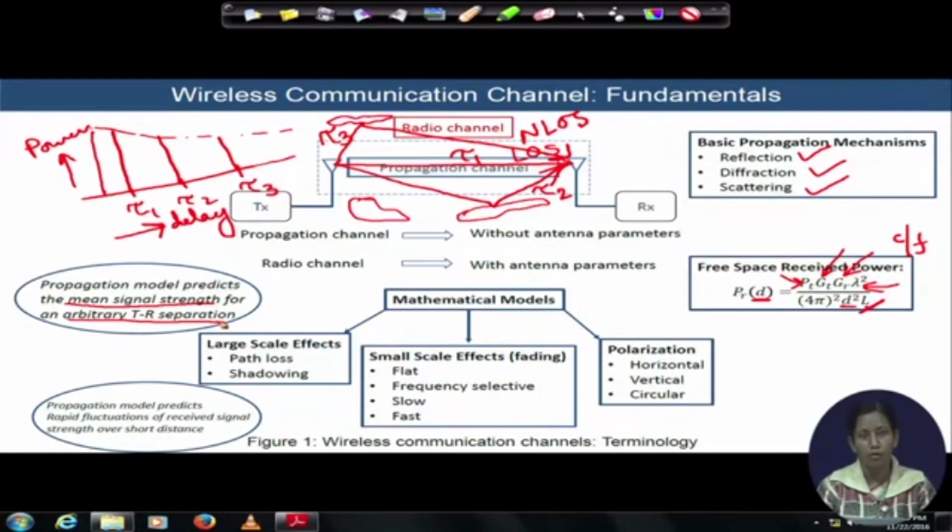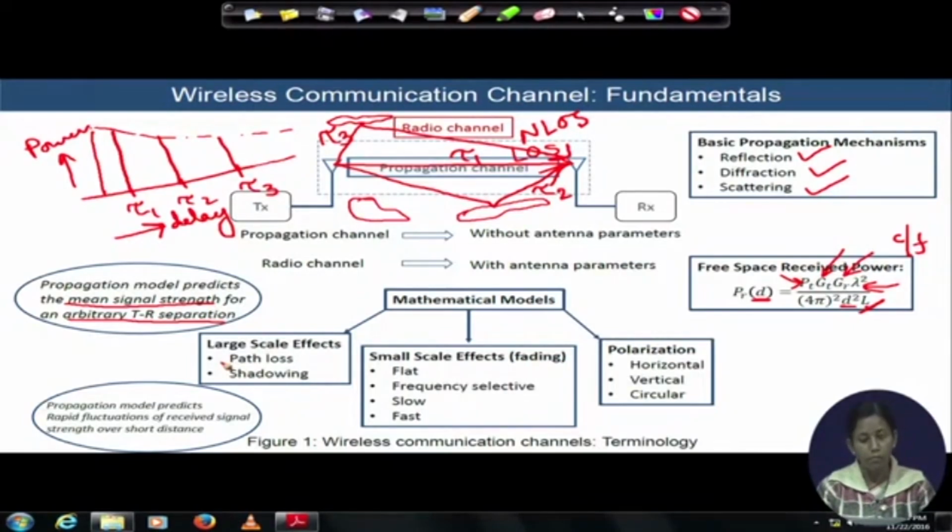So, when we talk about a large scale model of a wireless channel, basically we give the output as a mean signal strength over an arbitrary transmitter receiver separation. That large scale effect holds good over a long time duration also.